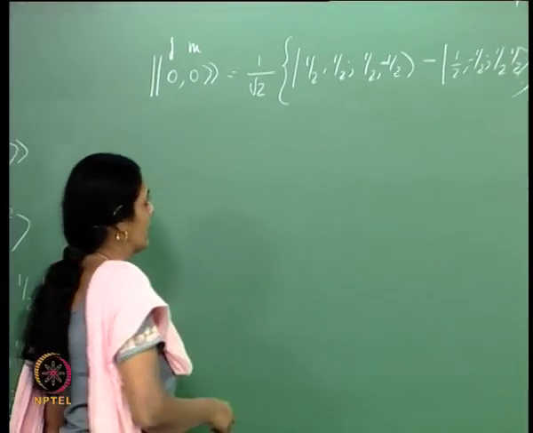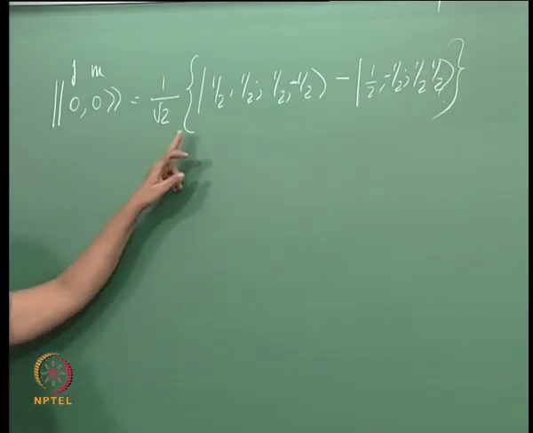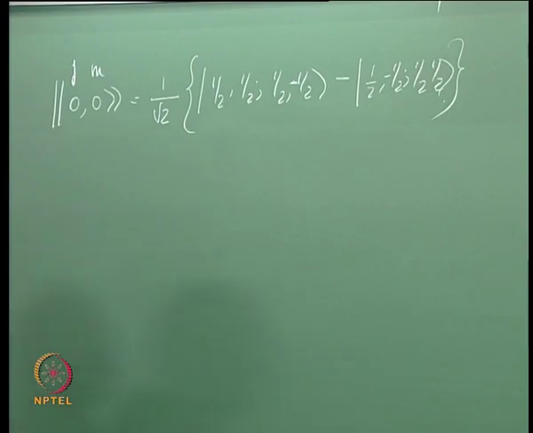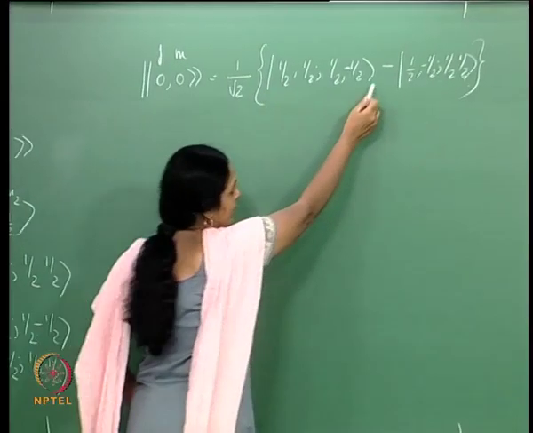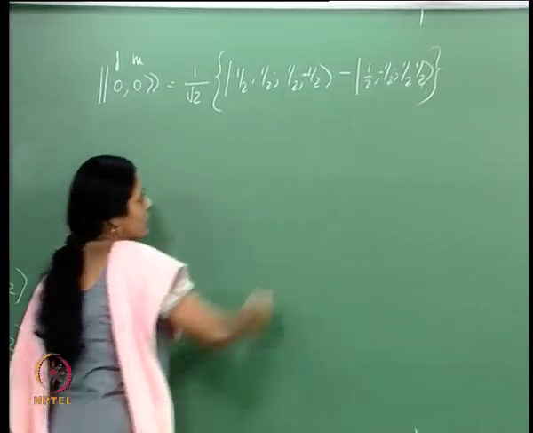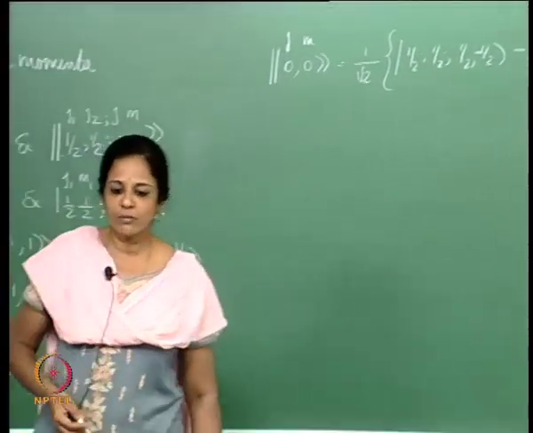So this is what we had. There is a relative negative sign, and that's what is important. I could have started with this having a negative sign and that state coming with a positive sign in front of it. It won't have mattered.